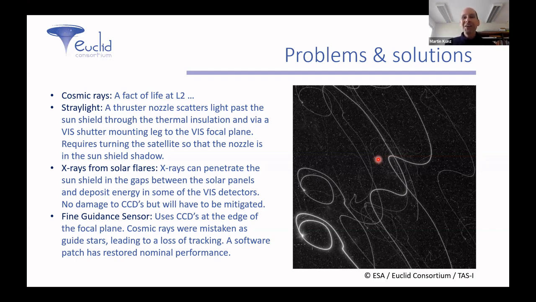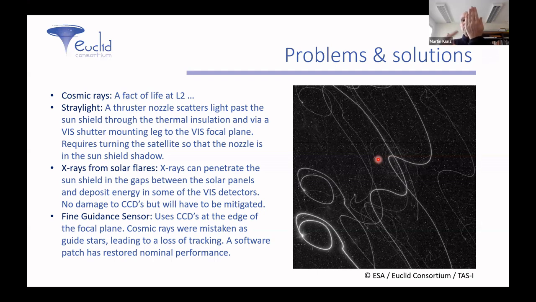Okay, so some of my ESA colleagues were kind of banging their heads against the wall when that was realized, because they actually knew that thruster was looking out from behind the sun shield, and they had been worried about the thermal impact. So they had modeled how heat gets conducted into the satellite, but they had never expected that it could scatter light into the satellite.